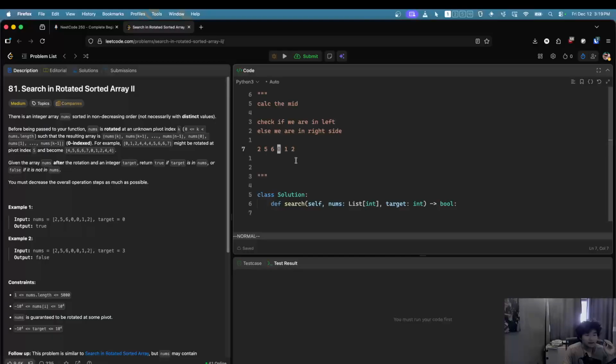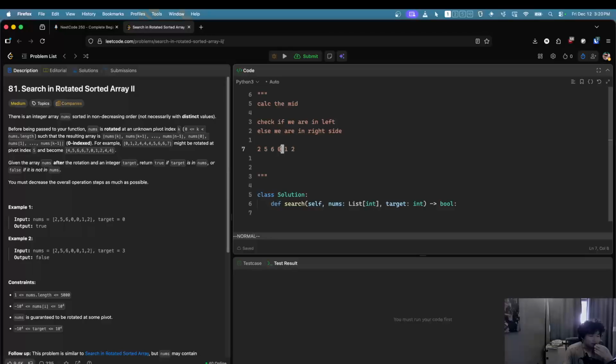Now I just need to tell whether I'm on the left side of the pivot or the right side of the pivot. If we're on the left side, that means the middle is less than the value before it. I think that makes sense to me.